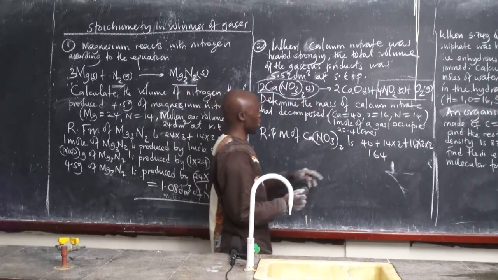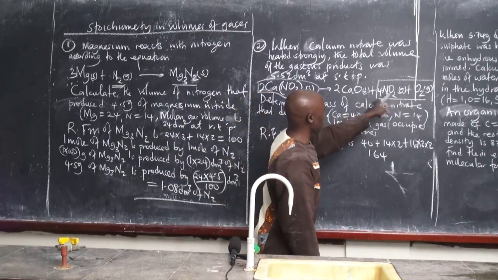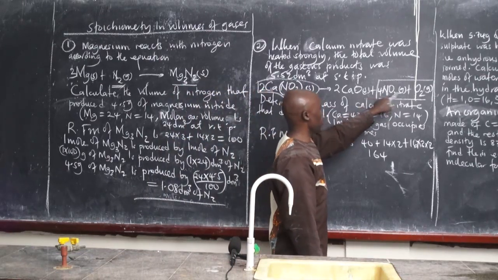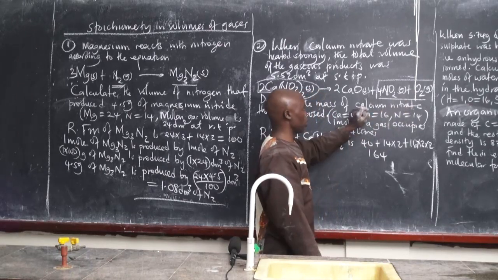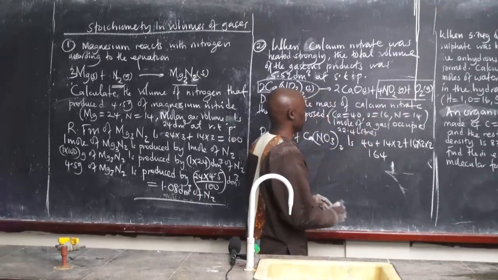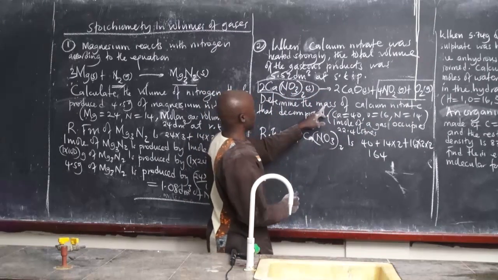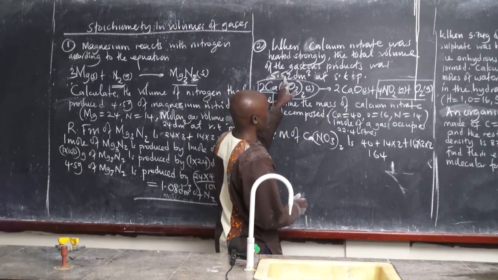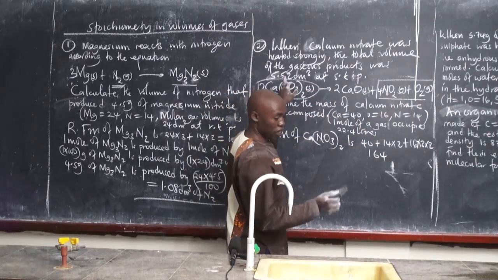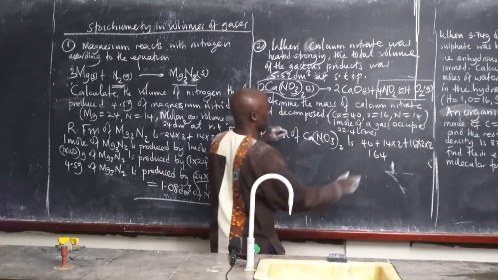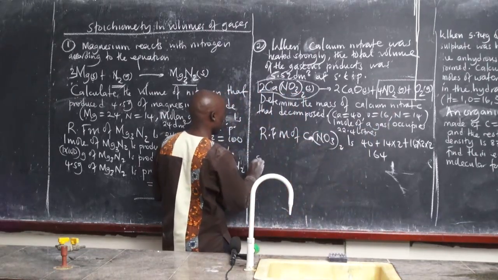Now, since we are interested in the total, we look at the total moles of gas: 4 plus 1, that is 5 moles. 4 on this, 1 on this. Since they want mass and they gave me volume, I will start with the side given, that's 5.